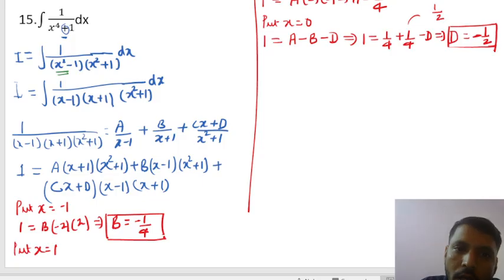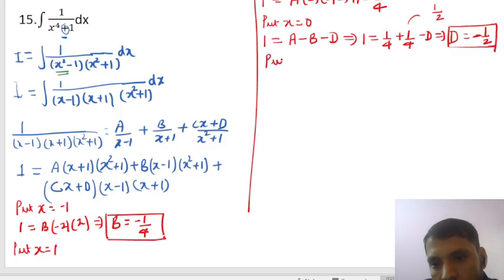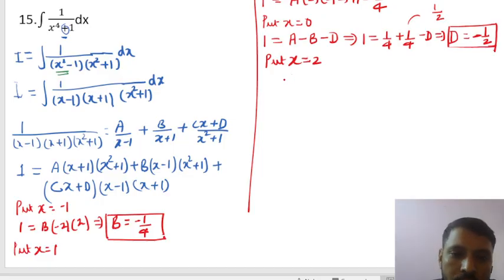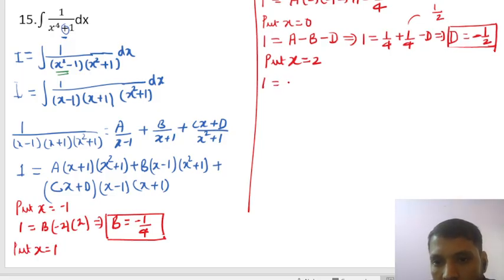So for that, put any other value. Let us suppose x is equal to 2. If we put x equal to 2, this will become what? 1 will be as it is. A will be multiplied with 2 into 1, that means 3. And 2 square, 4 plus 1, that is 5. Now plus b.